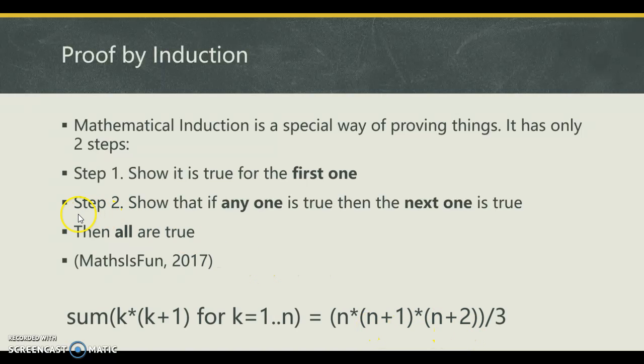And step 2: we need to show that if any one is true, then the next one is true. This means we need to prove that when k equal to n, n can make these equations true, and then we also need to prove that when k equal to n plus 1, n plus 1 can also make the equation true.